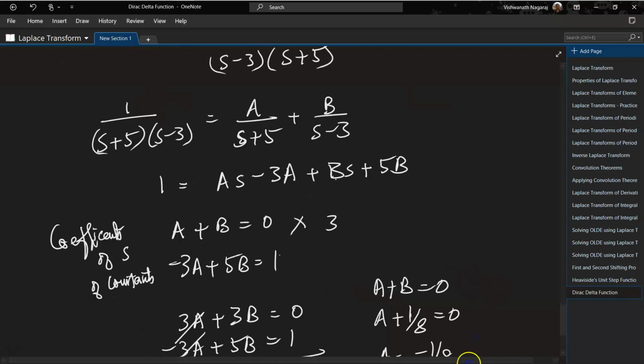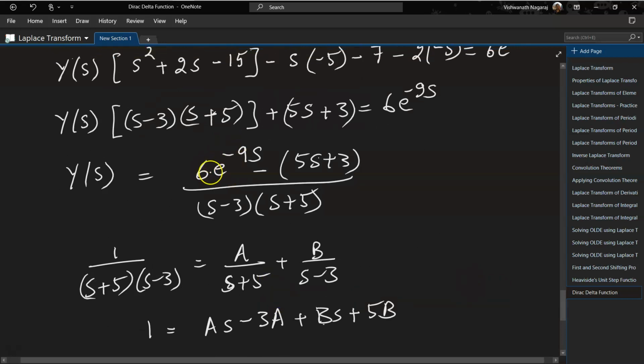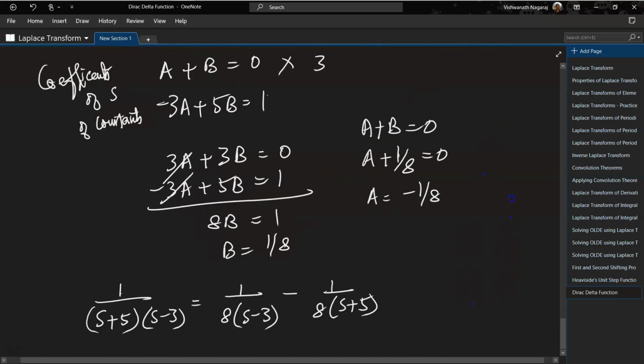Here this is a constant, so we ignored it and we took it as 1 by s minus 3 times s plus 5.